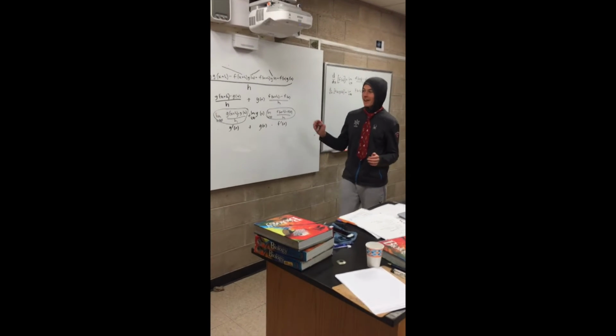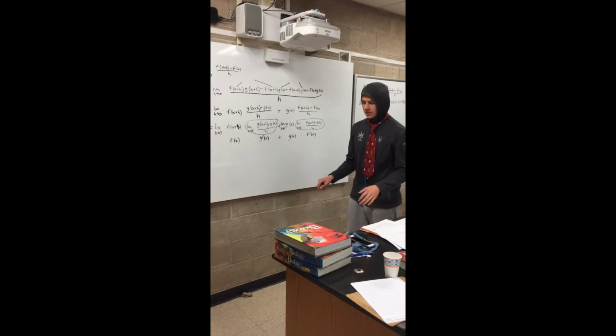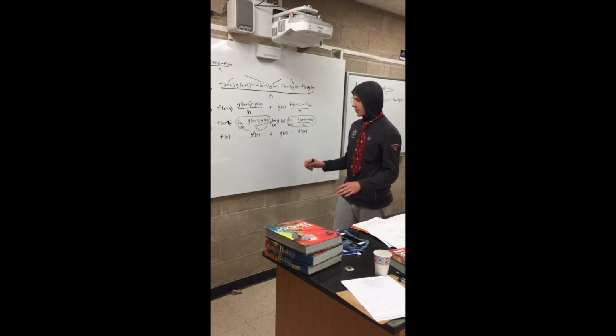Alright, so now we're just going to rewrite it so that you have it, and it's super easy, and we're going to use it for the rest of the video.